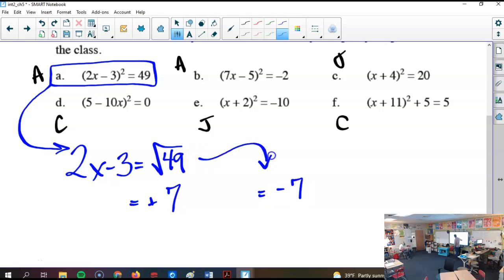So I split to my alternative route and say, okay, if it is positive, it solves how we want it to, or more so like how we're used to. So 2x equals 10, and then x equals 5, kind of like what Jake was arguing.